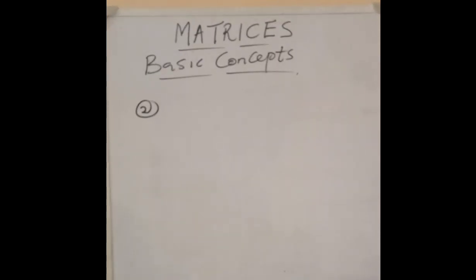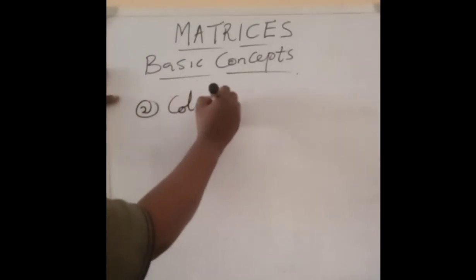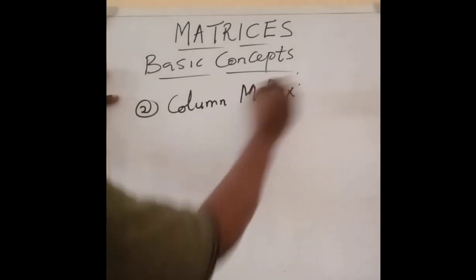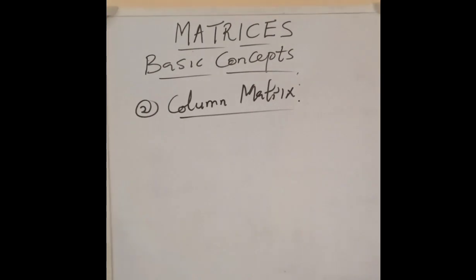Now let's look at another example of matrix, which is a column matrix. A matrix with only one column of elements is called a column matrix.